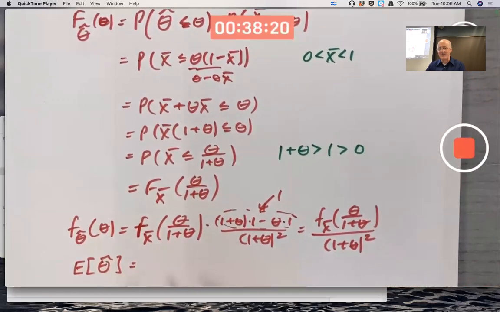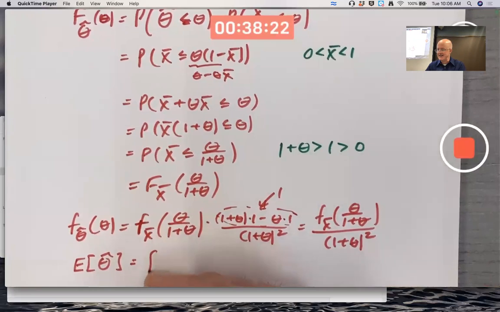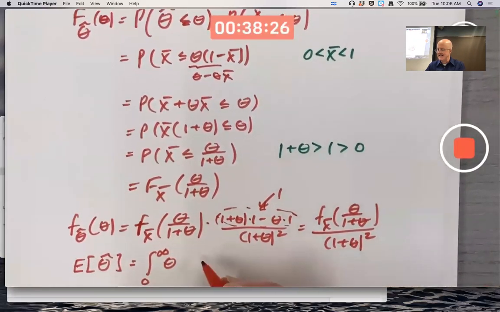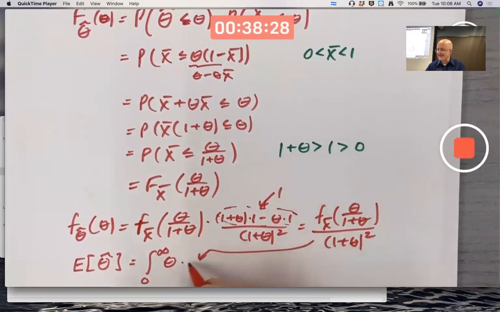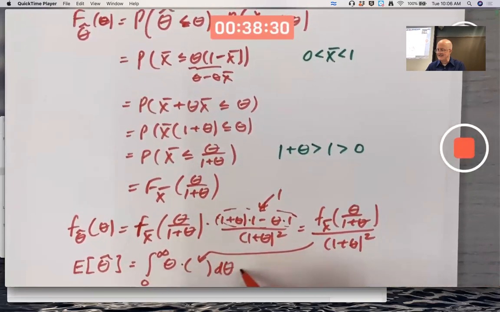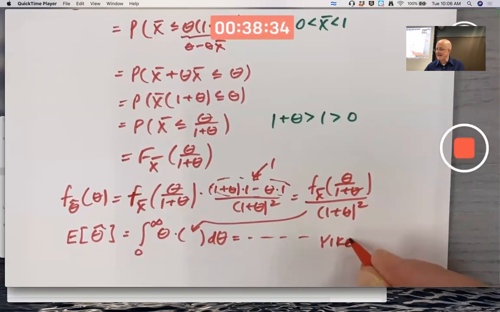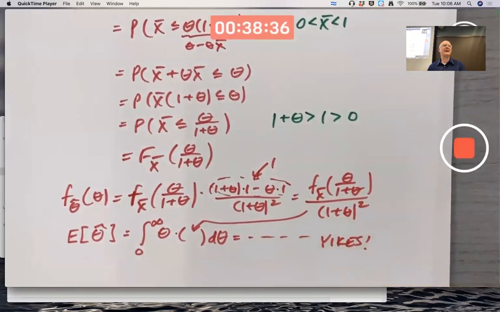And it would be an improper integral because theta goes from 0 to infinity. Yikes. But maybe doable, maybe. You can't completely rule it out if you could find the PDF of X bar at least.